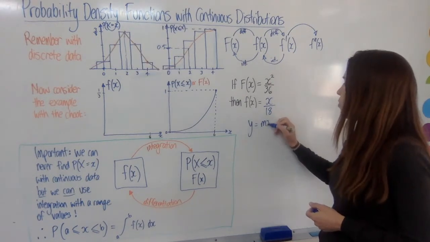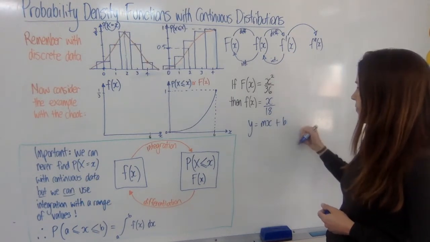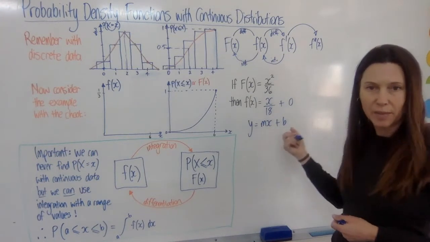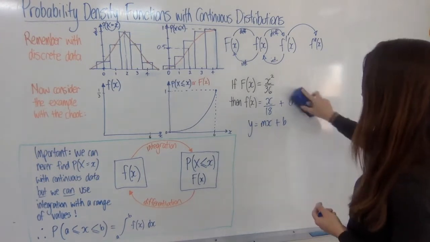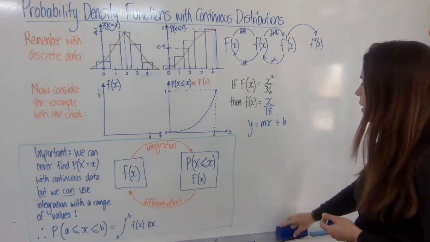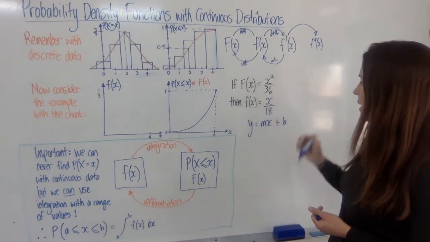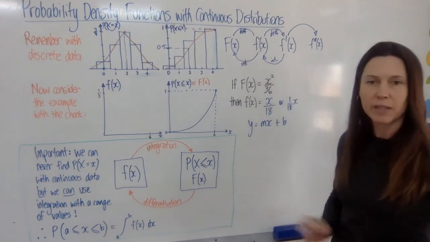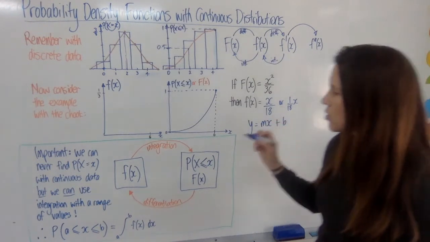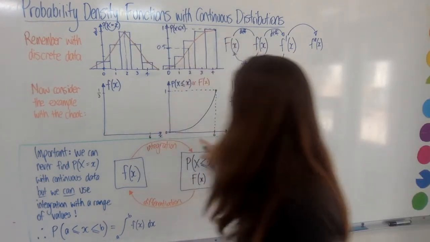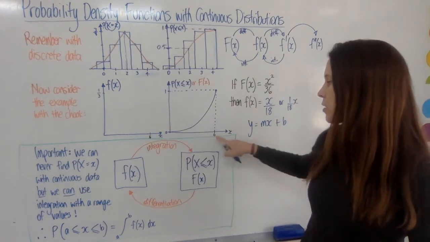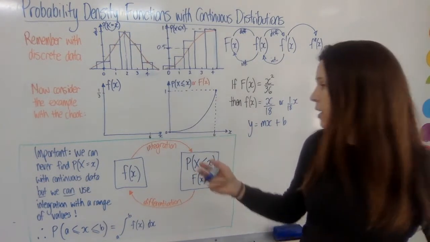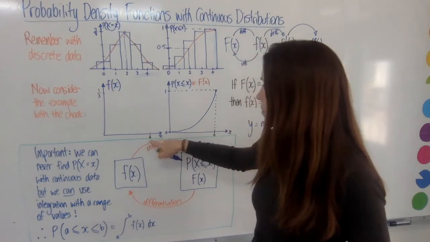Well, it's in the form y equals mx plus b, where the plus b is just nothing, so there's obviously no y-intercept, or the y-intercept is 0. And the gradient is 1/18th, because we can write this as 1/18th x, and it means the same thing. So I've got a straight line. Now, I knew that my chook could be anywhere from 0 to 6 metres away from the centre, so it makes sense to put my 6 on there.